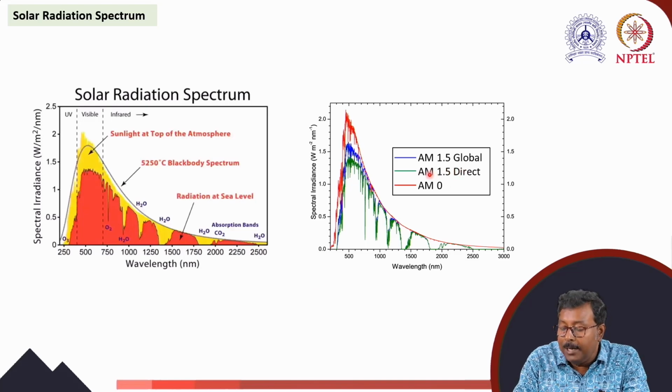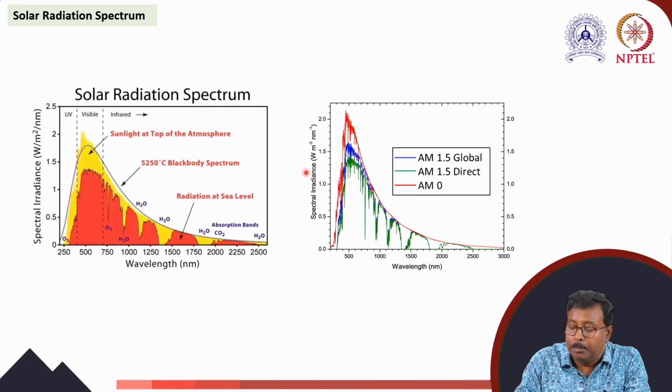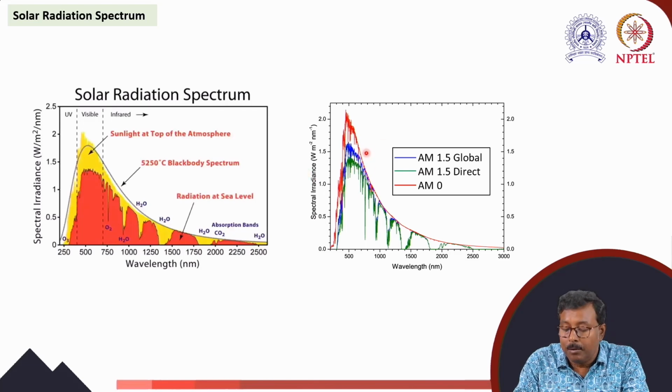Global considers both the direct incident path and the light coming through scattering by materials in the atmosphere in the indirect path. So this is generally higher, and AM0 is obviously much higher, because 0 stands for outside the atmosphere. So sunlight irradiance will be much more. So this is the wavelength versus irradiance plot. These are the important things we have to use later for calculation or simulation of solar cells.